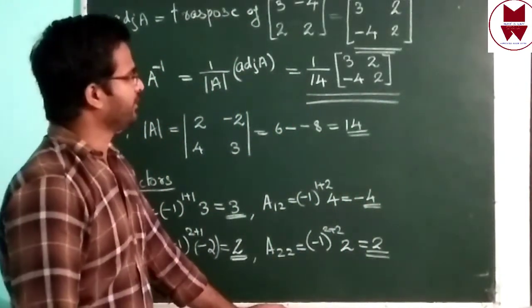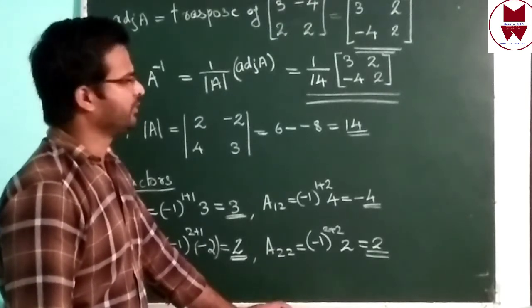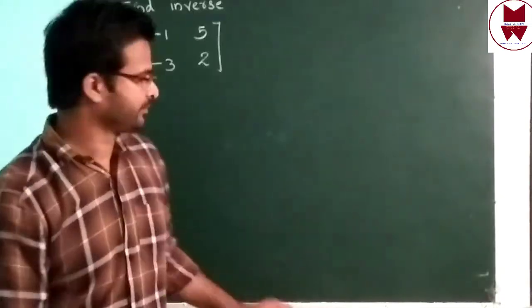So 1 by 14 into the matrix 3, 2, minus 4, 2. This is the inverse of the given matrix.